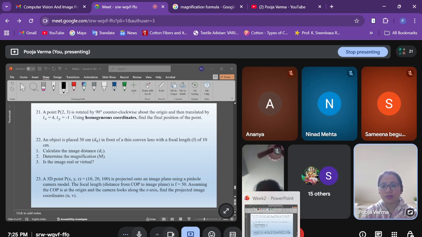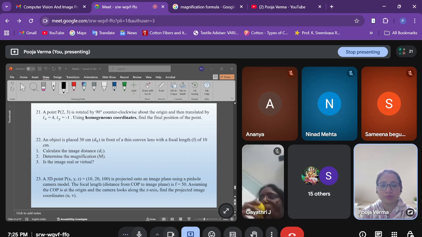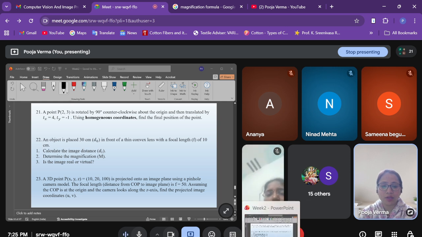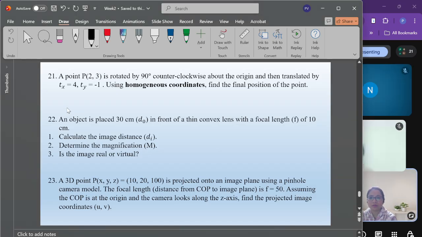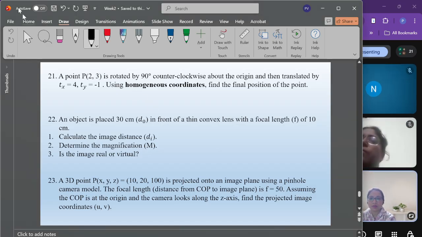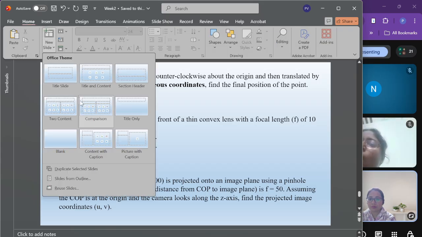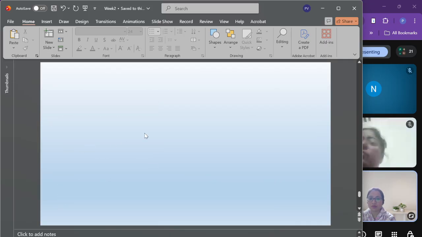So after these operations, what will be the final position of the point? Can you calculate this? Okay, let's solve this question first.